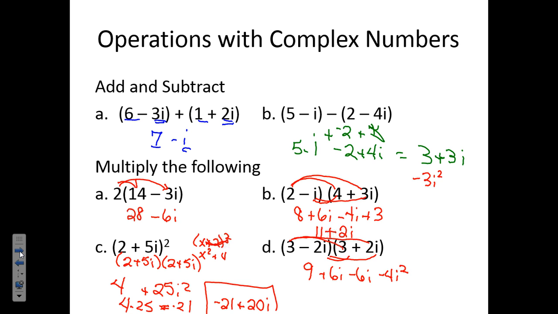Negative 4i squared becomes positive 4. 9 plus 4. When they're identical except for a change of sign, and we multiply them together, the imaginary part goes away. We just have the real. Okay?